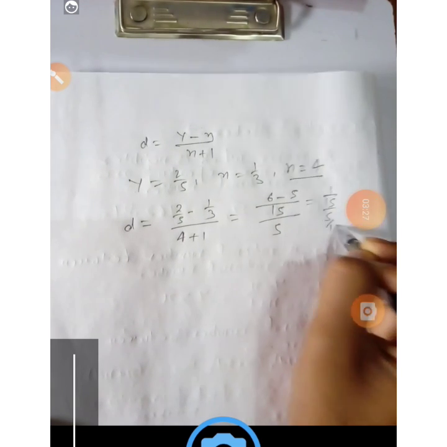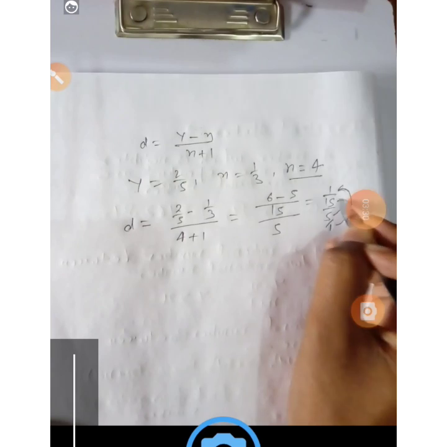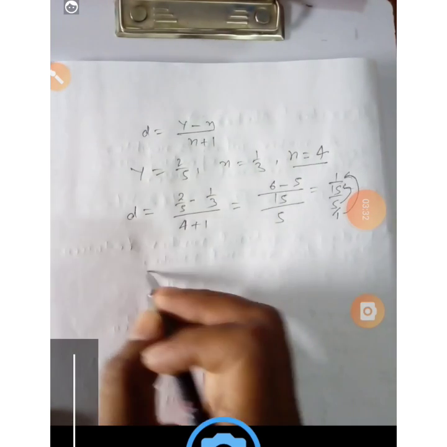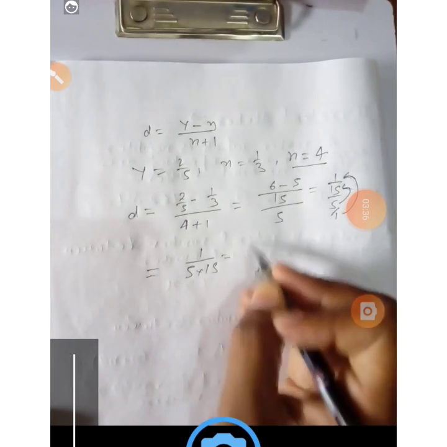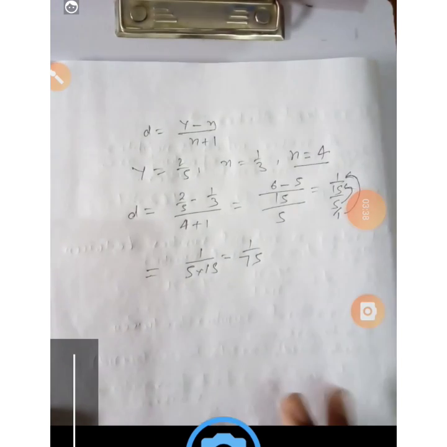Here we take 1 and this comes here, and 1 by 5 into 15 is 1 by 75.